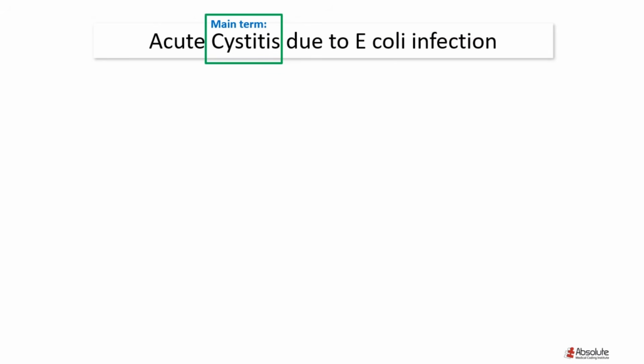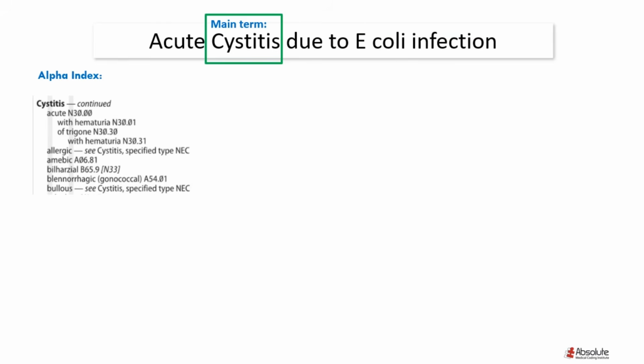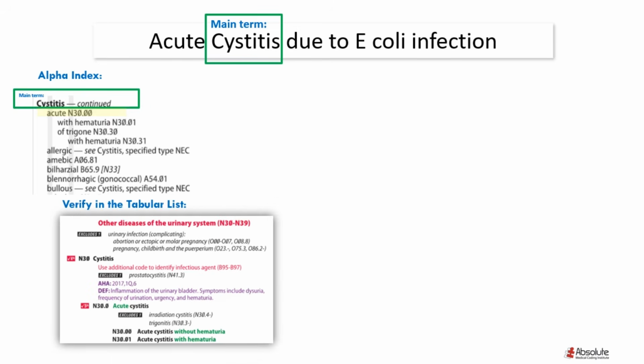All right, so I looked up cystitis first. Cystitis. Then I looked up acute and it took me to N30.00. Well, underneath I saw no mention of E. coli infection. So I knew that I had to also look up E. coli infection.